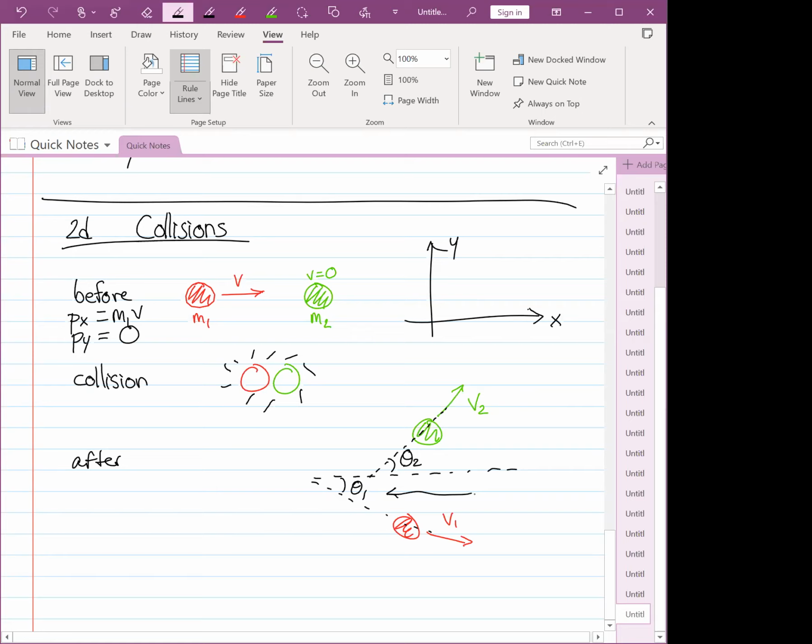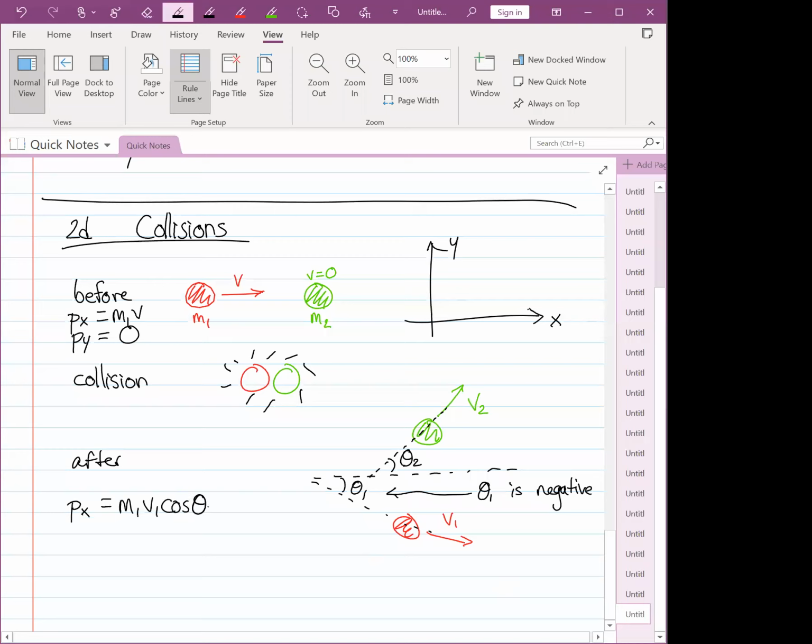Just as a caveat here, theta1 is negative in this case, and it's negative because we typically measure angles above the x-axis. It's a convention; it doesn't have to be, but that's the way that we do it. And so then the momentum afterwards would be, well, what's the x component of the momentum of v1? Well, that would just be m1 v1 cosine of theta1.